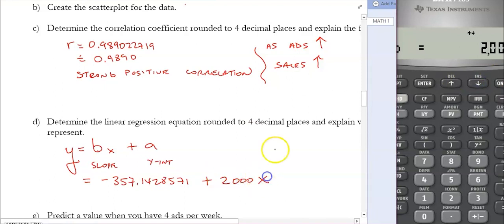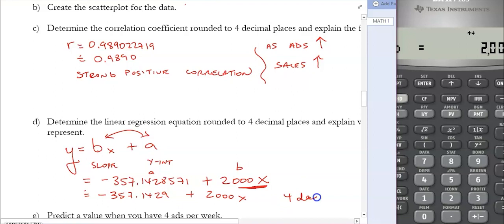That was your B. So you put your X, right? So A and B. I changed the order, but as long as we make sure that the X is next to the slope, then everything's fine. Next, I'm going to round, and this is minus 357.1429 plus 2000x, and that's 4 decimal places, as was mentioned, right? Round to 4 decimal places.